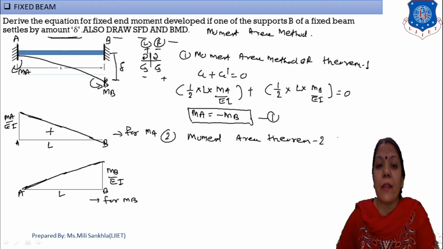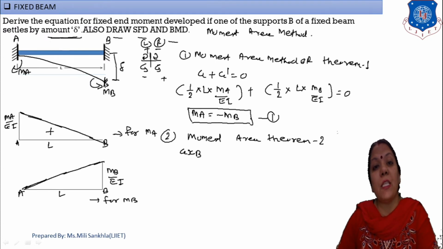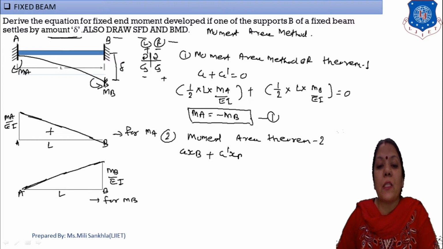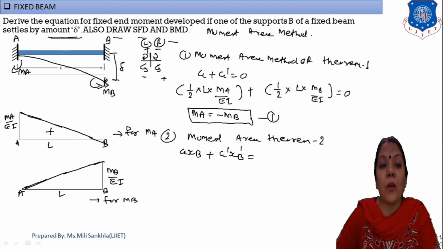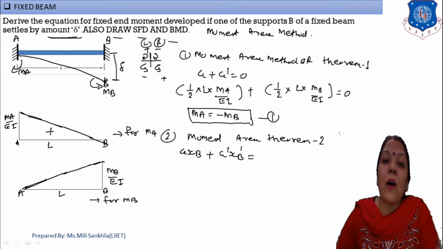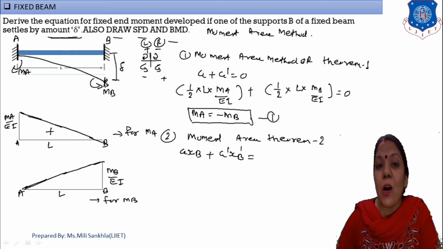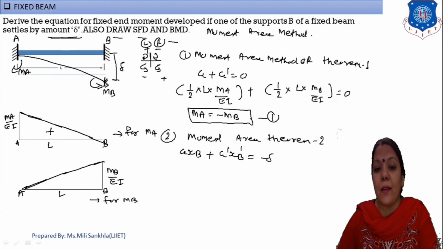That means our second moment area theorem gives A x B. Here support B settles down, so we take CG from B support, and A dash x dash B is equal to, now here we can't take 0 because support B settled down by amount delta. So here the value of deflection is given and this is in downward direction, so here we take minus delta. Clear? And x dash B means we have to take CG from this particular point.